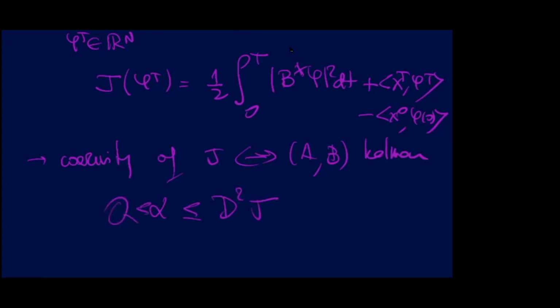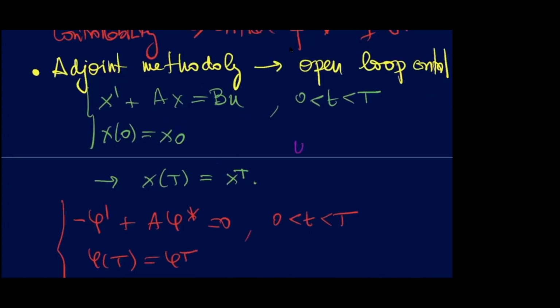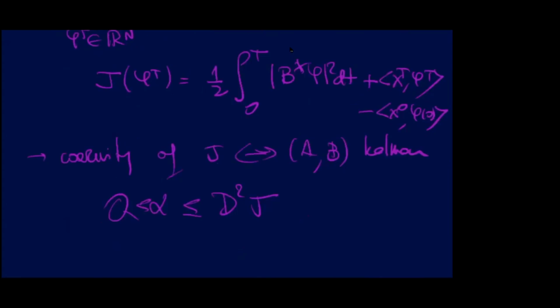So it turns out that Kalman is related to the coercivity of the functional, which is what you really need to guarantee that there is a minimum for this functional, which leads to the control, as we have seen, the optimal control being U equal to B star of phi, with phi the minimizer of this functional. The coercivity is one of the first ingredients you need to prove that the functional has a minimizer, and that the minimizer is given by the steepest descent algorithm.